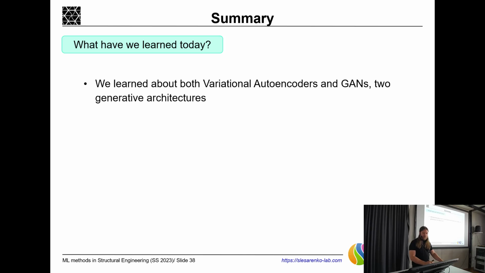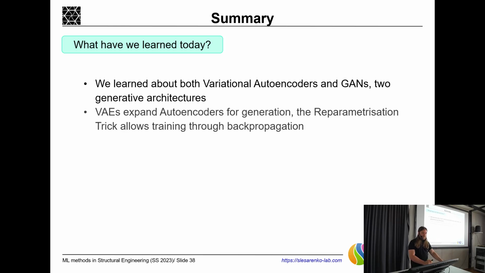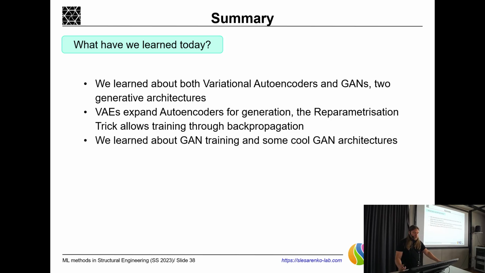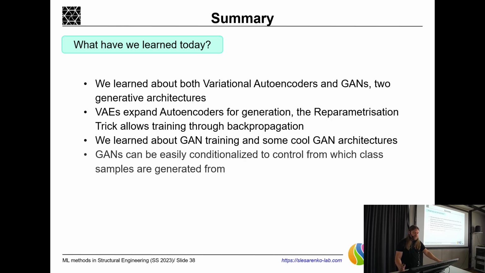Good. So we saw both variational autoencoders and GANs, two generative architectures. We've seen that the variational autoencoders can expand on the standard autoencoders to get the generation with the reparameterization trick. And again, we learned about the GANs and some cool GAN architectures. And we also learned that we can very easily conditionalize the GANs to different approaches.